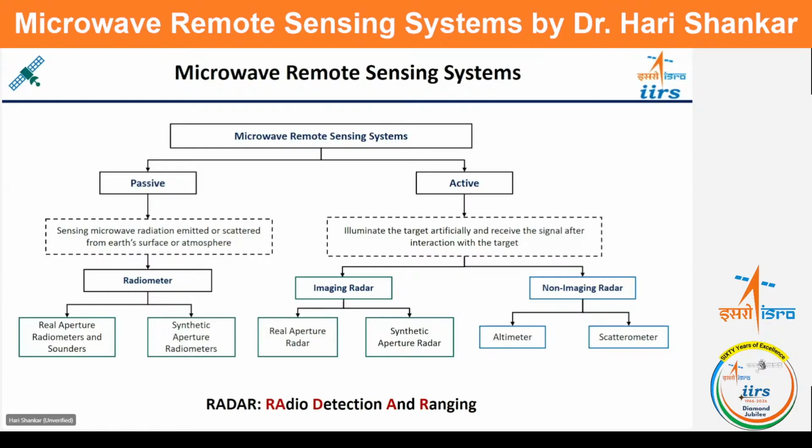Then again, these radars are of two types. One is imaging radar, and the other is non-imaging radar. Non-imaging radar means they are not forming images.